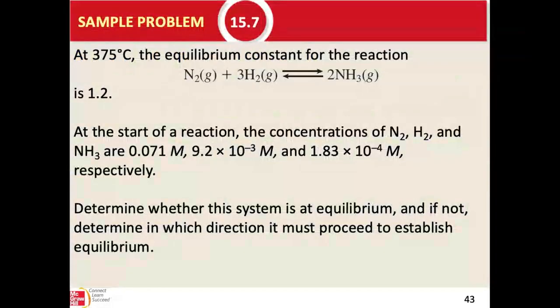So they're giving you this problem. This is the reaction, and they're telling you that the equilibrium constant for this reaction is 1.2. And they're telling you that at the start of the reaction, the concentrations of all the substances are given to us. They want to know if the system is at equilibrium, and if the system is not at equilibrium, they want to determine in which direction it must proceed to establish equilibrium.